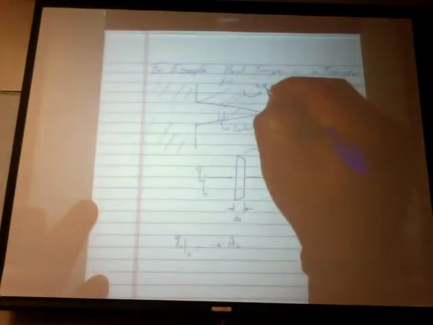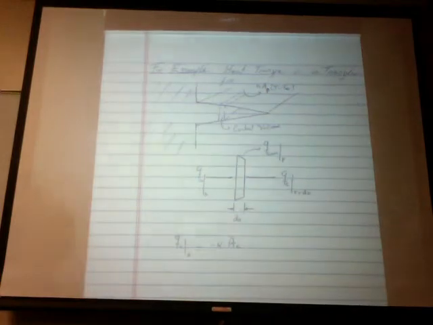So Q from conduction at x is equal to minus K times this area of conduction. I'm sorry, not AC, that might be misleading. It's not the conductive area, it's the convective area, which is the periphery there. So it's K AC times dT dx.